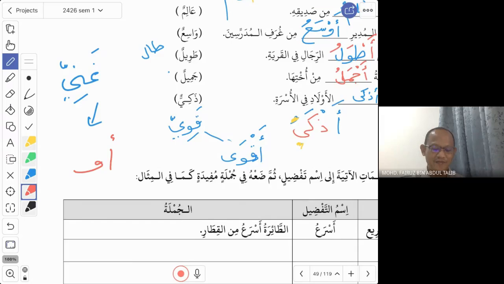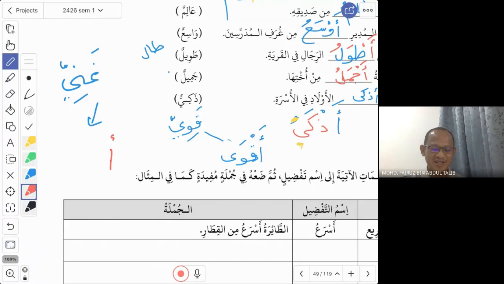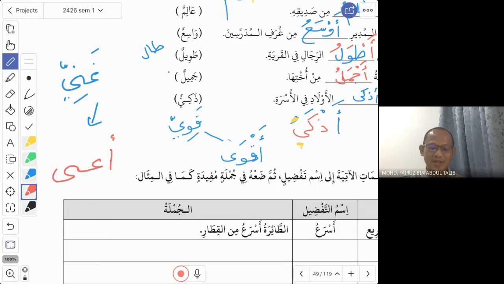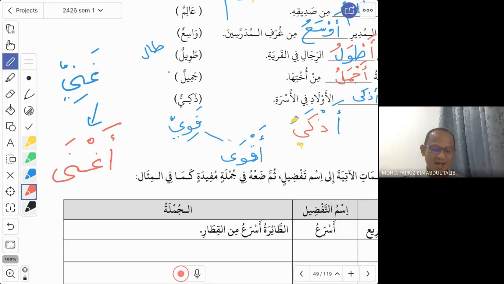You need to have alif. You just put alif in front of the ghain and read it af'alu. So we say agna, instead of agnayu, we say agna.